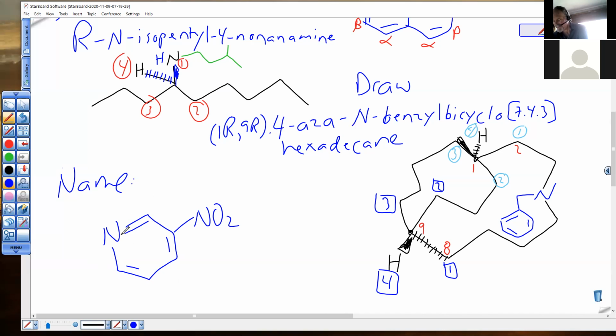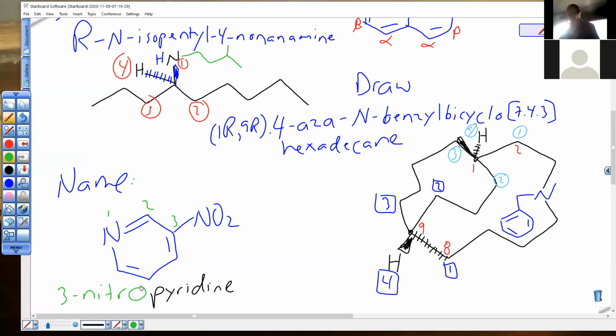Don't call it that. We've been calling it pyridine for months now. What's that group on my pyridine, and what position is it on? Heteroatom in ring, number 1. 2, 3 to get the lowest number for the group. And yes, that's our old, or our new favorite group of the chapter or test. Nitropyridine.